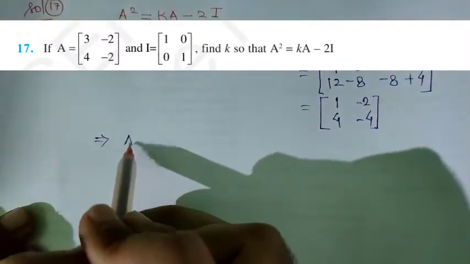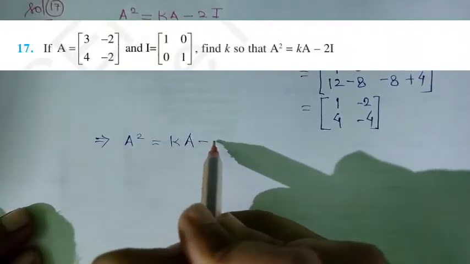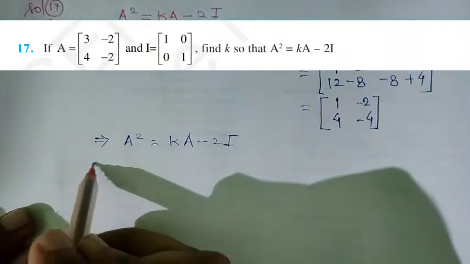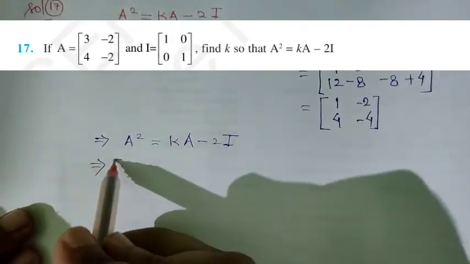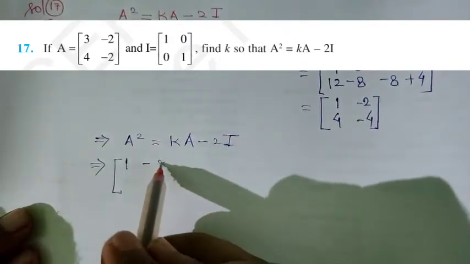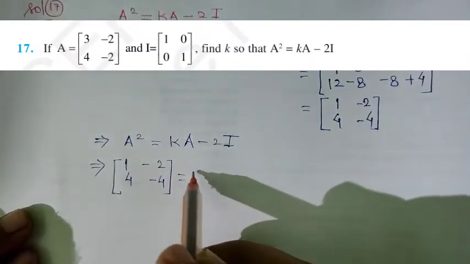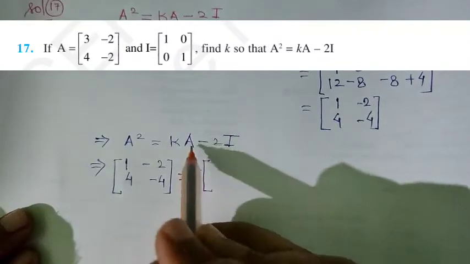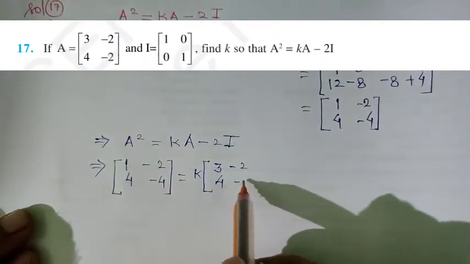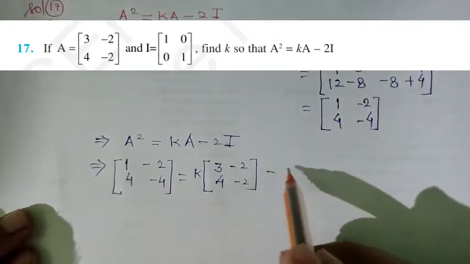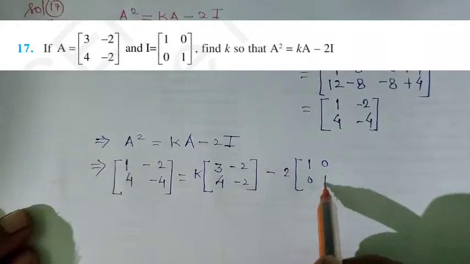Now in place of A square equal to kA minus 2I, we will replace it with the actual values. 1 minus 2, 4 minus 4 equal to k times A, which is 3 minus 2, 4 minus 2, minus 2 times 1 0, 0 1.